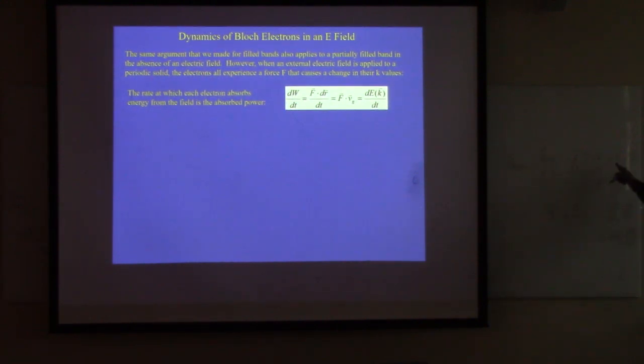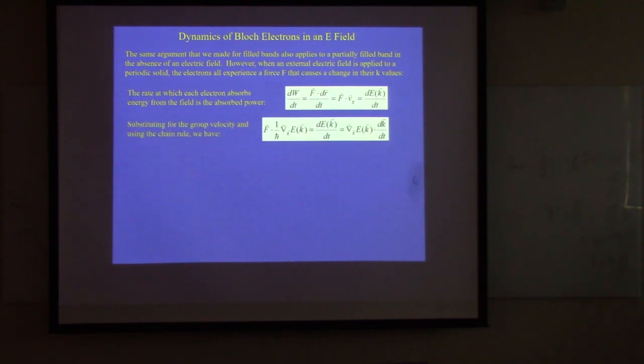So this is equal to F times Vg, right, F times Vg. So now you can see Vg cancels, you get F equals h cross dk over dt. Very important theorem. Force is given by h cross times how the k vector changes with time. So this is called the acceleration theorem.